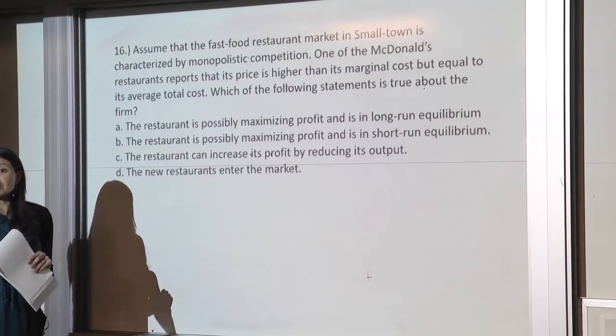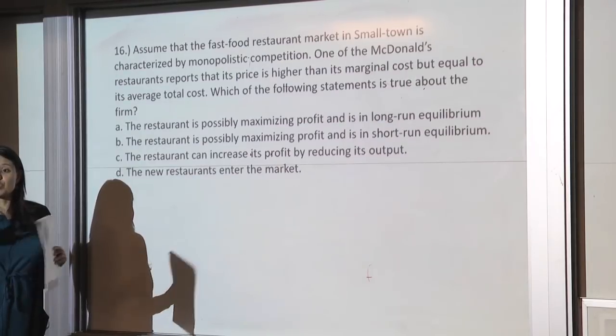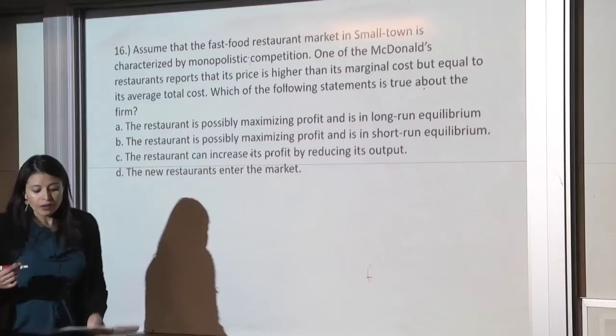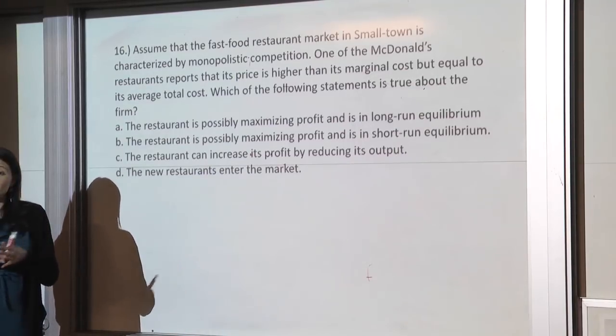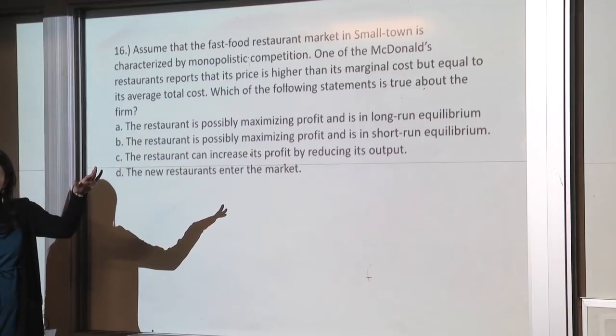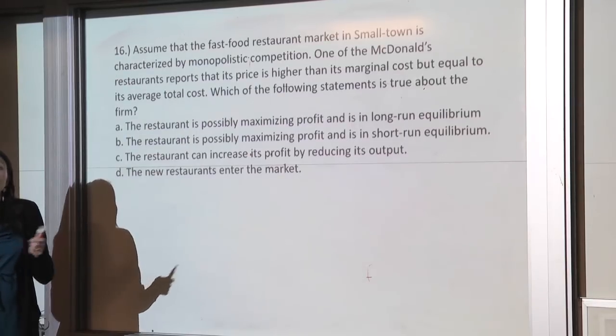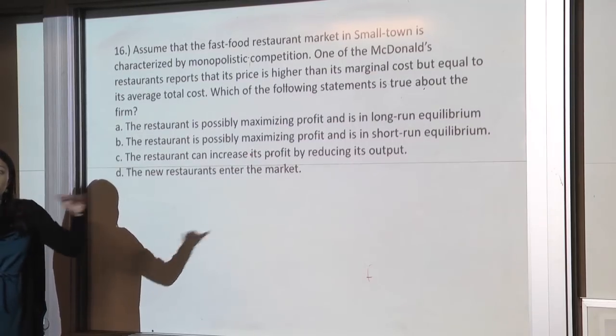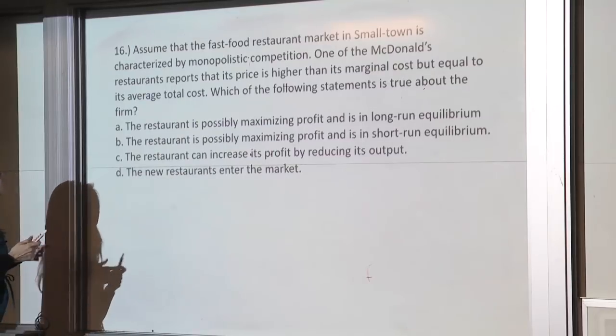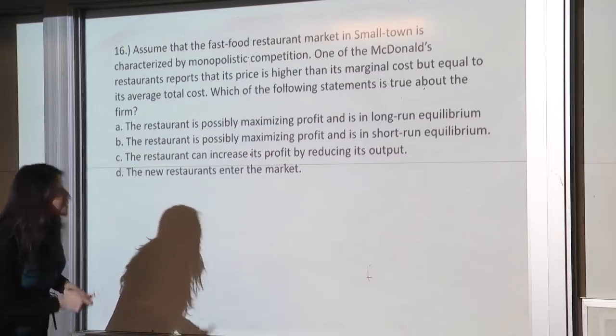Your price has to be equal to the average total cost because you have to be able to cover all your costs, the fixed cost and the variable cost in the long run. In the short run, you can be covering only the variable cost, right? But in the long run, you have to be covering the whole cost, okay? So the answer here is A.